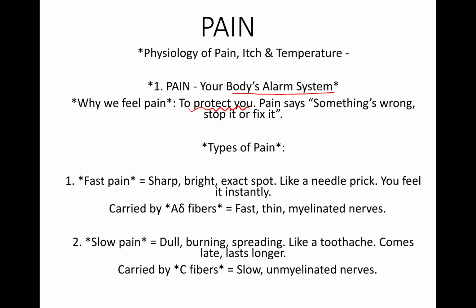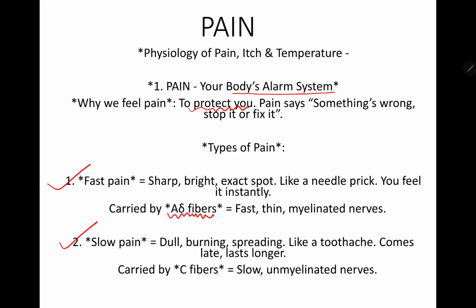Now, types of pain. There are two types of pain, fast pain and slow pain. Fast pain is a sharp, bright, and exact spot of pain like a needle prick. You can feel it instantly. It is carried by A delta fibers.